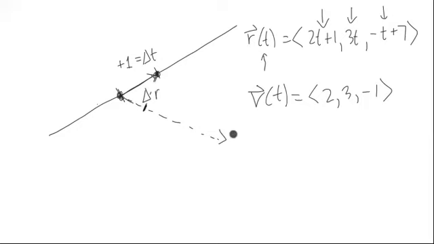And suppose this is the x direction, and the projection should be 2 if the run is 1.